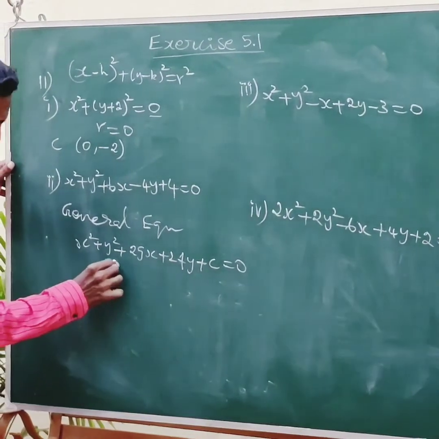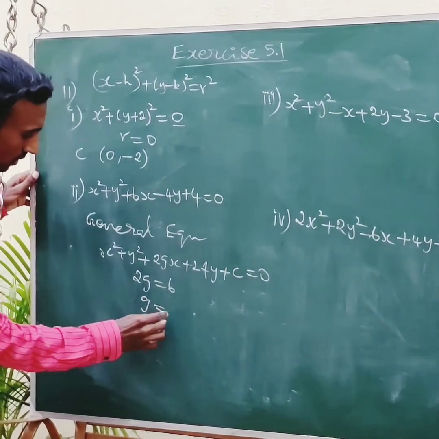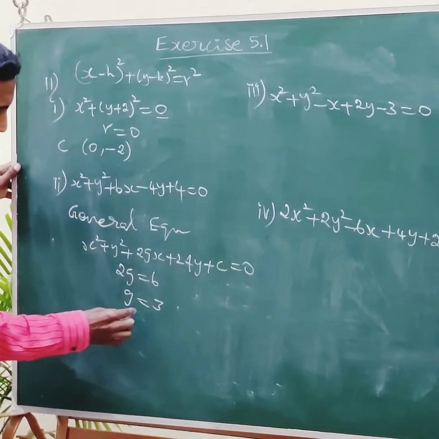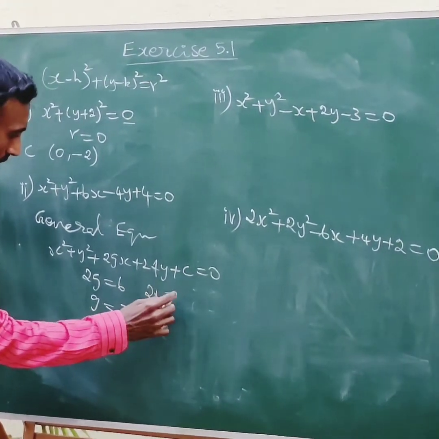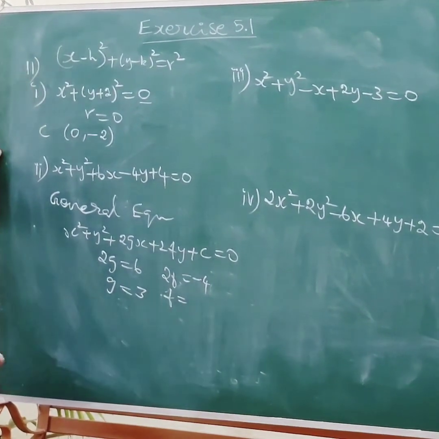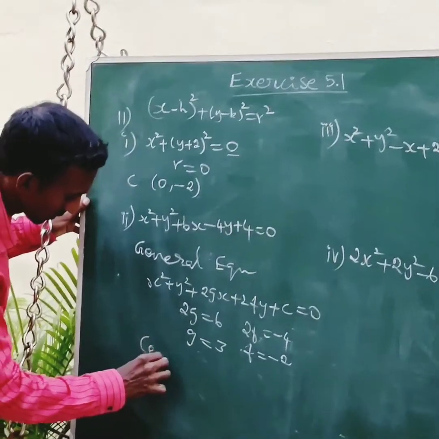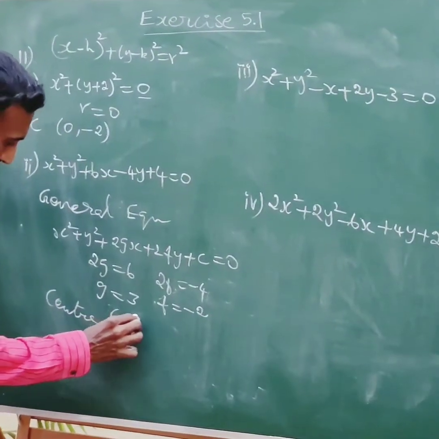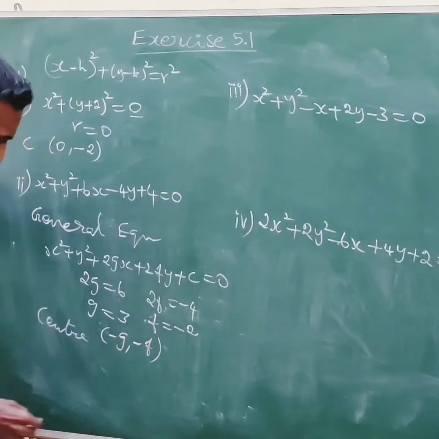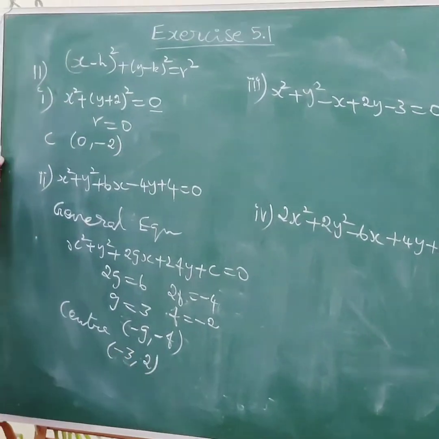So 2g equal to 6, g equal to 3 and 2f equal to minus 4 and f equal to minus 2. The center formula is (minus g, minus f). So change the sign, (-3, 2), that is the center.